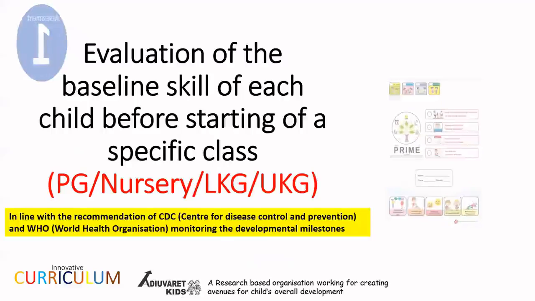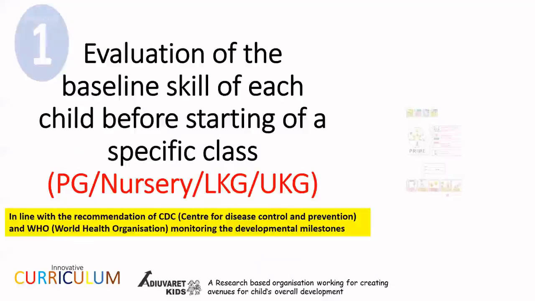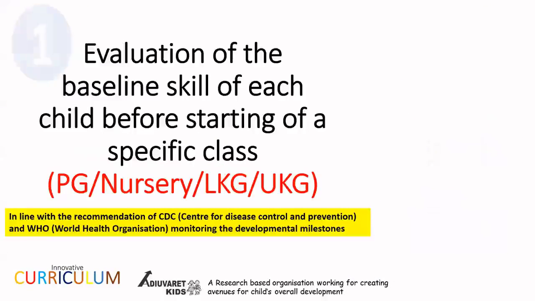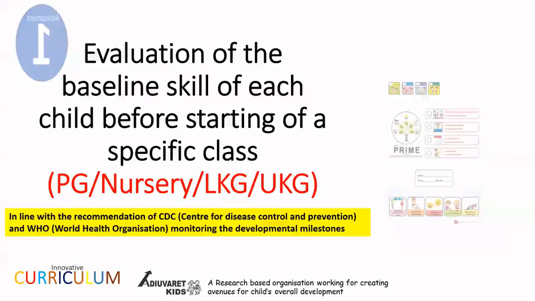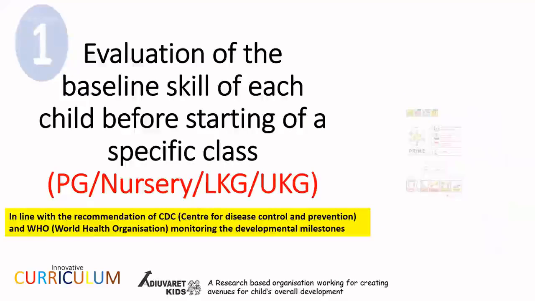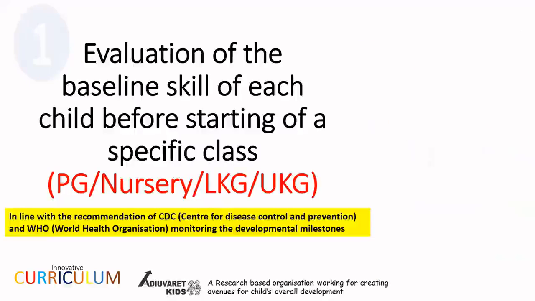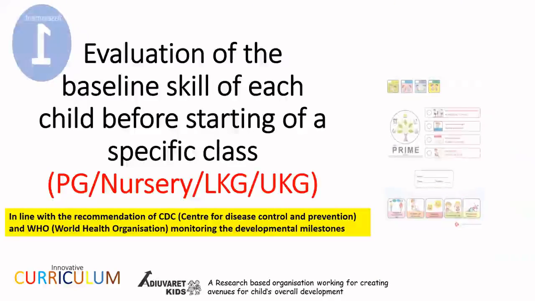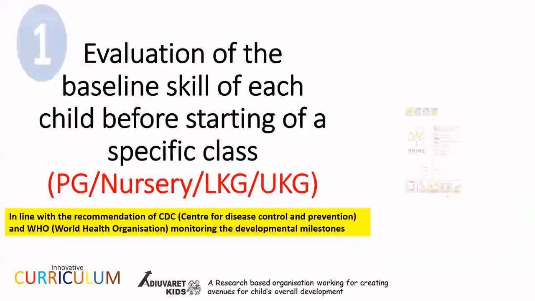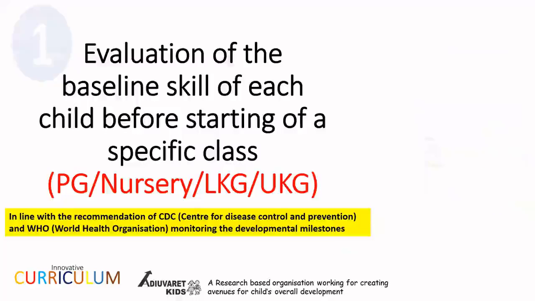Now, to start with the very basic one, as I said, in the beginning of the year, we have a systematic kit available, and fortunately, international organizations like CDC and WHO have a proper monitoring tool available. They have come out with basic developmental milestones which are required to be achieved by the children at each age.